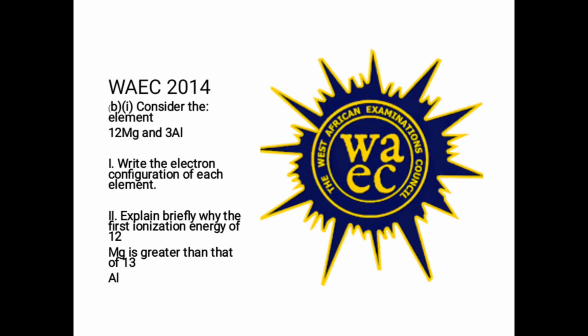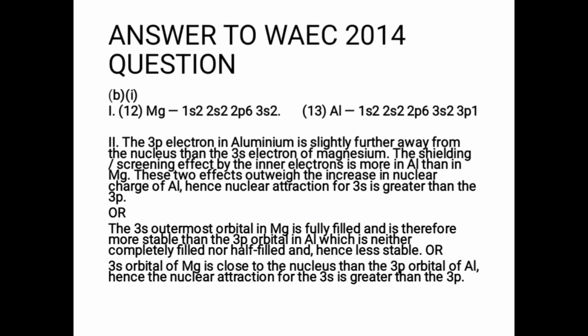Okay, so let's look at question 2. WAEC 2014, you have to consider elements magnesium, which is 12, and aluminium, which is 13. You have to write the electronic configuration and explain why the first ionization energy of 12 is greater than that of 13. This is the electronic configuration, and then the 3p electron in aluminium is slightly further away from the nucleus than the 3s electron of magnesium.